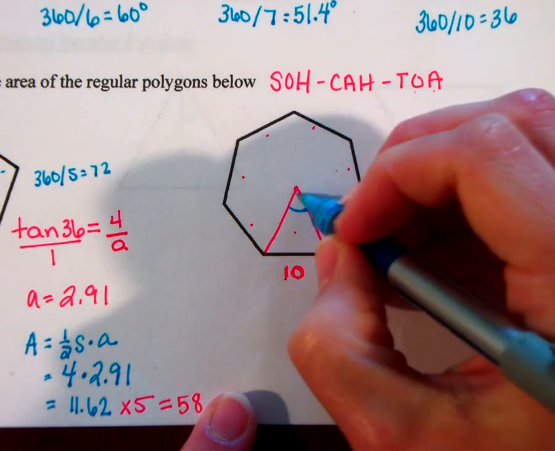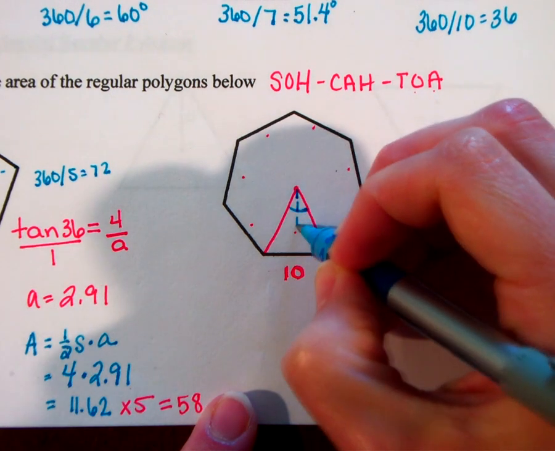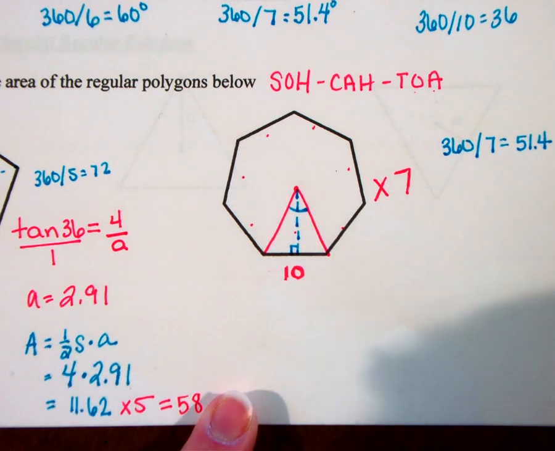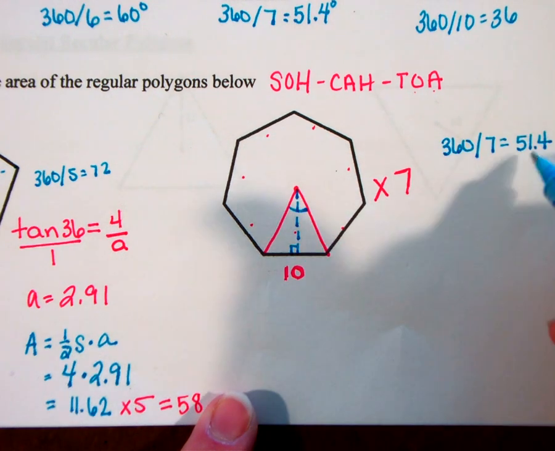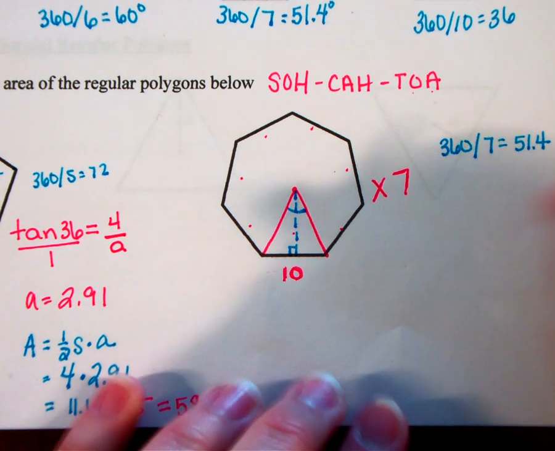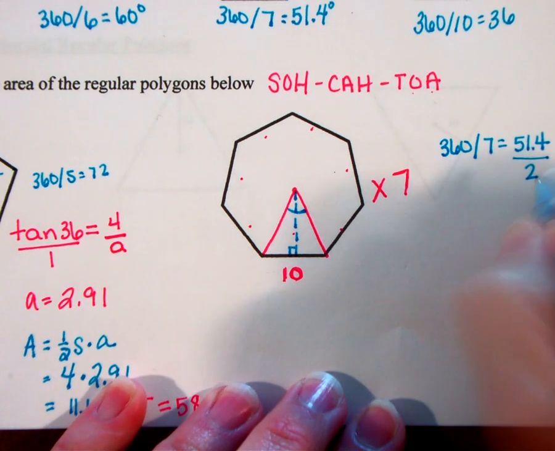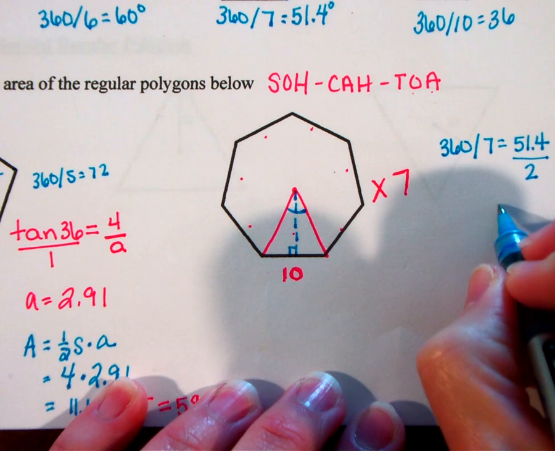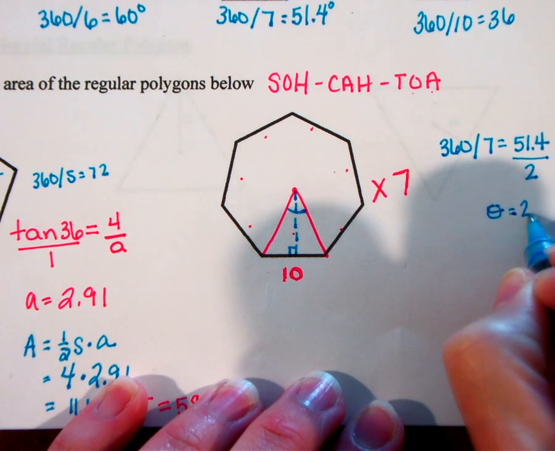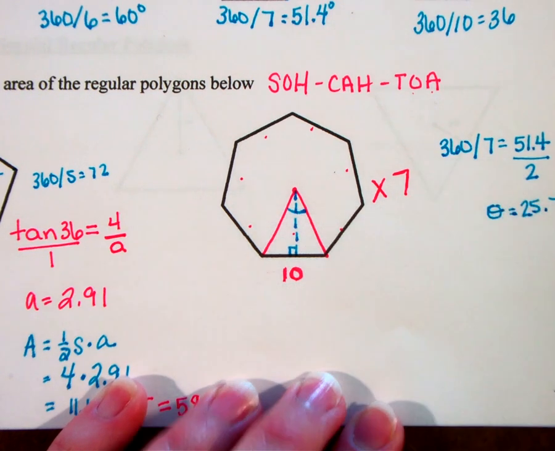What I'm going to do is break that triangle in half so that I can do 1/2 base times height. So my 51.4 needs to be divided by 2. So 51.4 divided by 2. My angle measure that I'm going to be using is going to be 25.7 degrees.